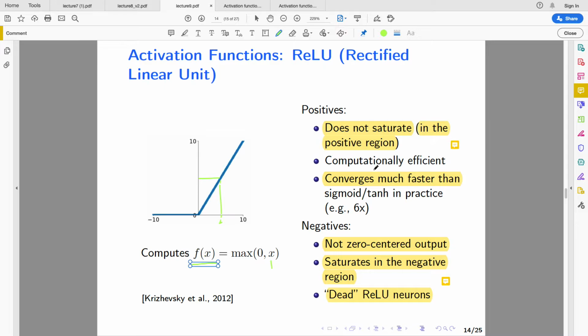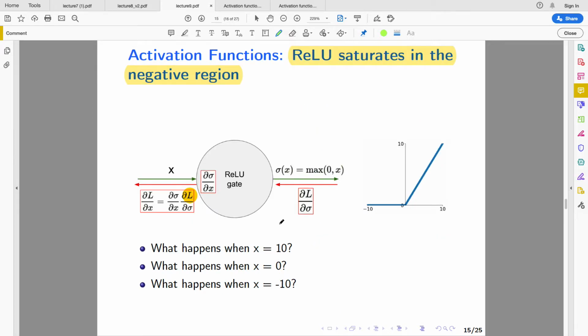It's computationally efficient, you just take the max or you put 0, and it converges much faster in practice. So we also have dead ReLU neurons. Let's look at the ReLU in the area of the negative region. What it means is that it saturates.